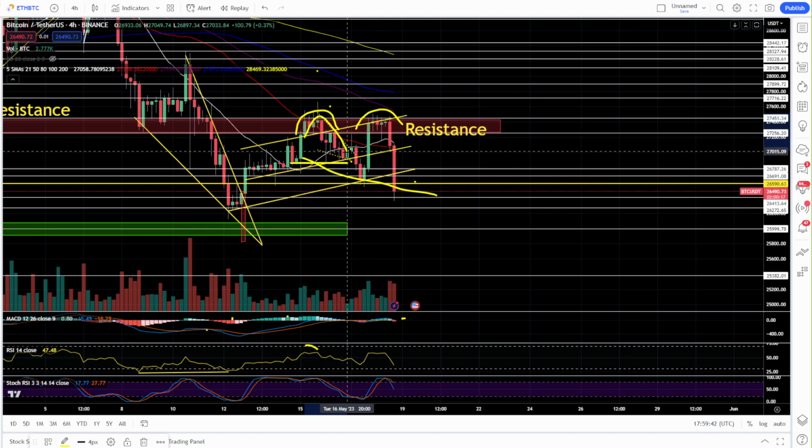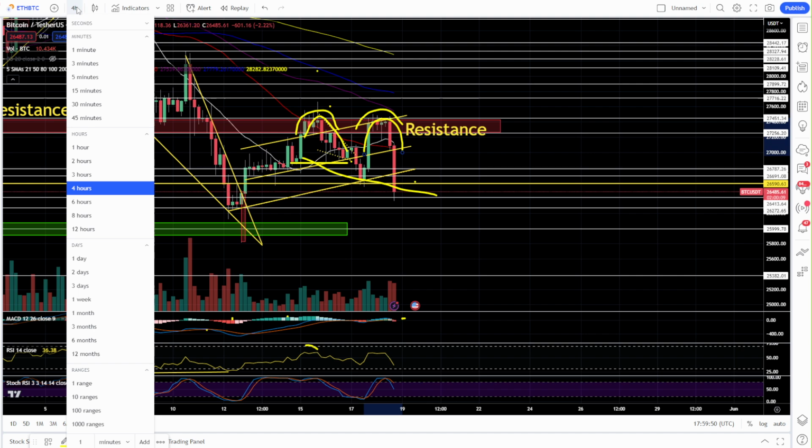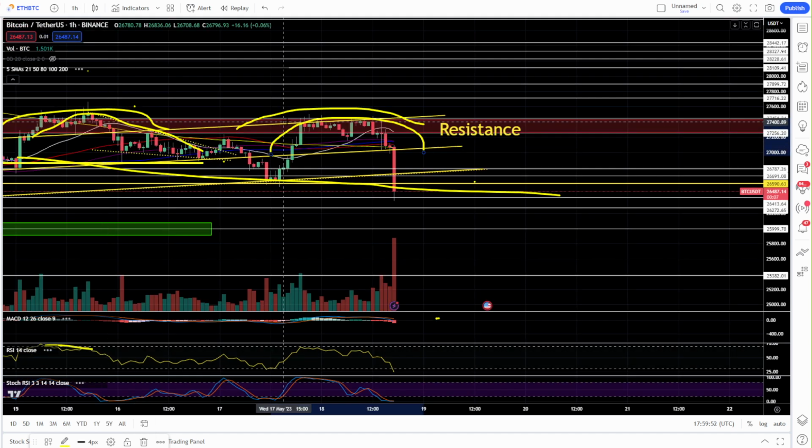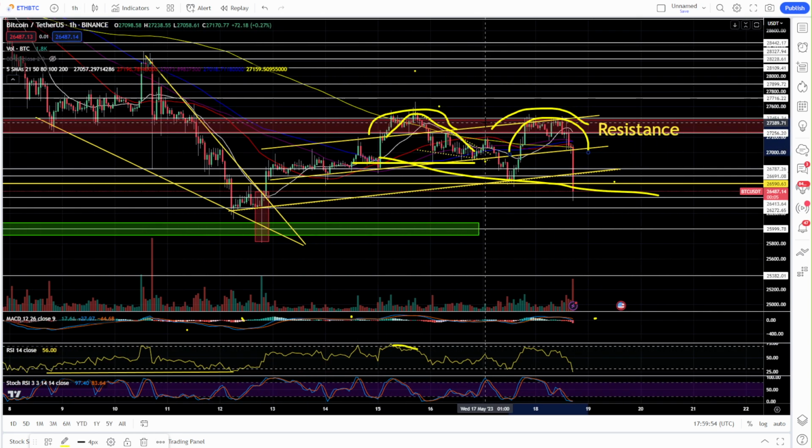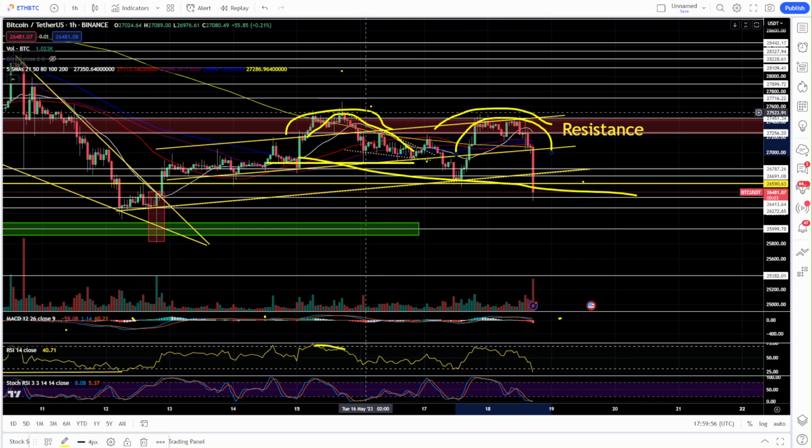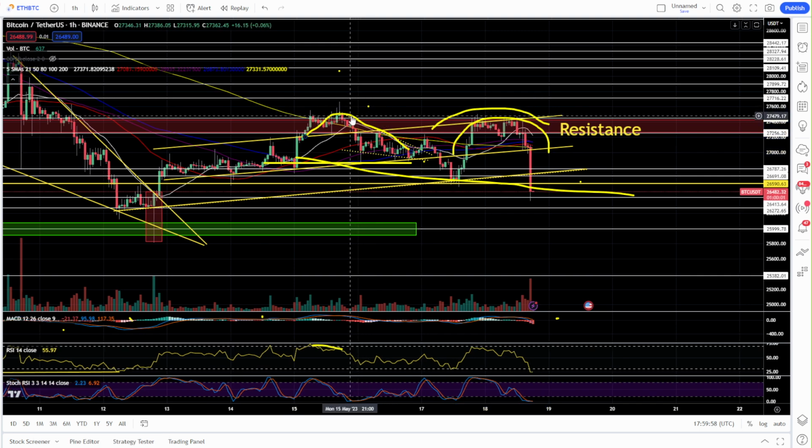Still got rejected, right? Same level, double top. There's 2 double tops on the 1 hour. There's a double top here. You see it, right? Tiny double top with a bull trap. Bulls got trapped. Did they get punished?